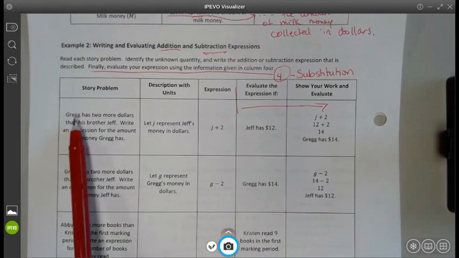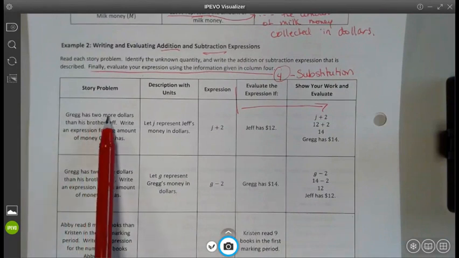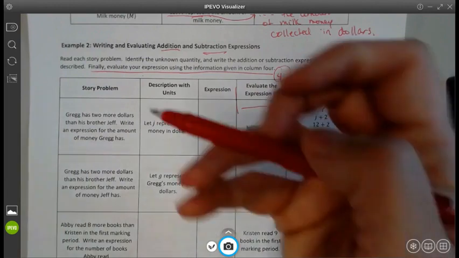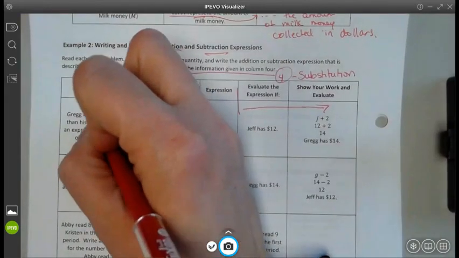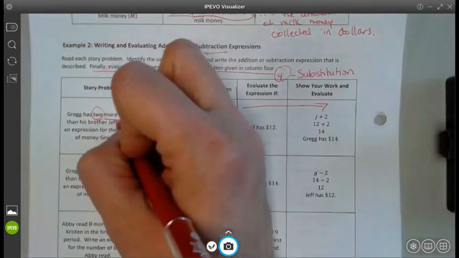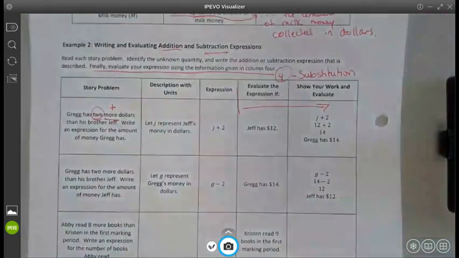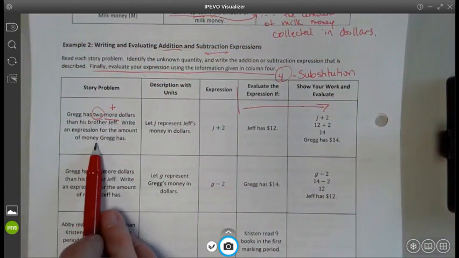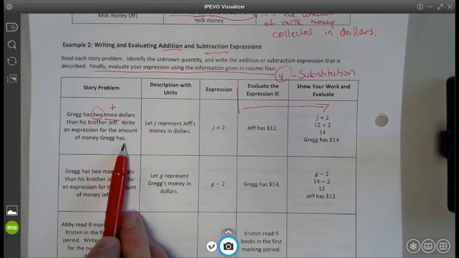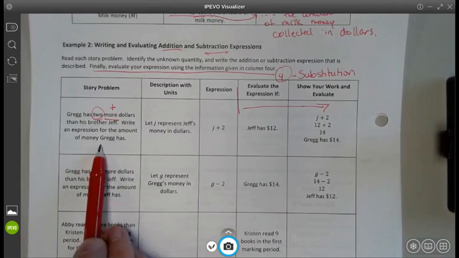So we're going to start with the story problem. Greg has $2 more than his brother Jeff. So we've got a number, 2 more is what's happening. So it's addition or subtraction. More means add. Write an expression for the amount of money Greg has. So identify the unknown quantity. What do we not know?